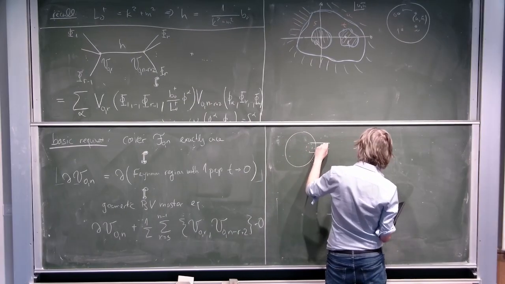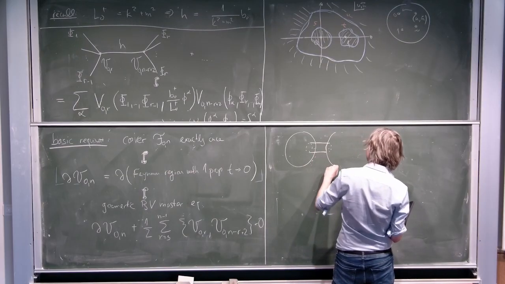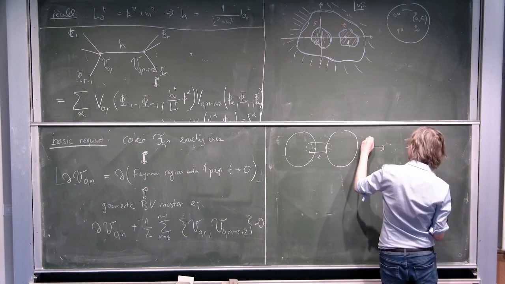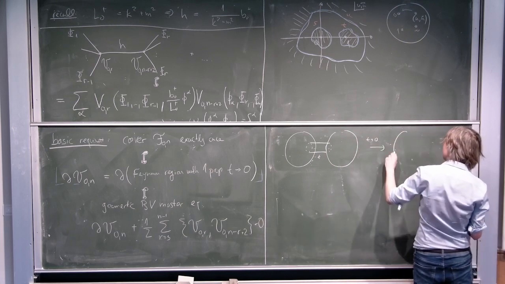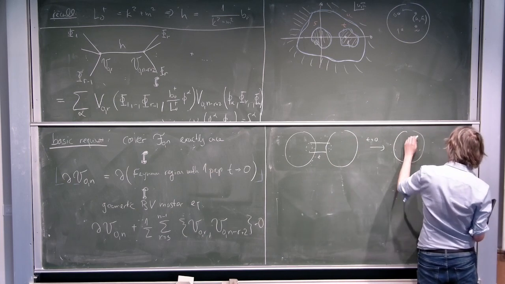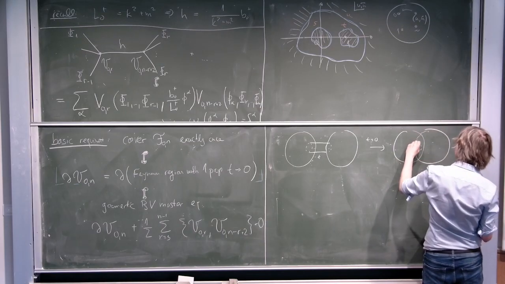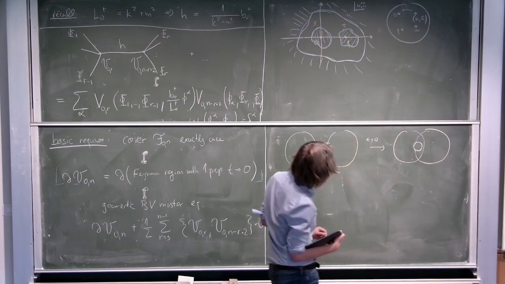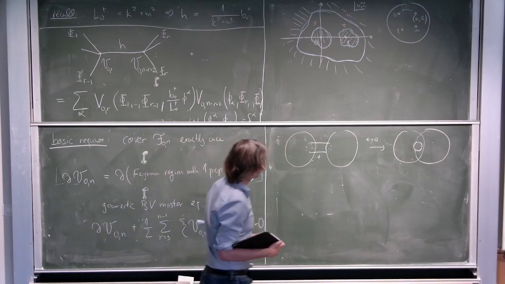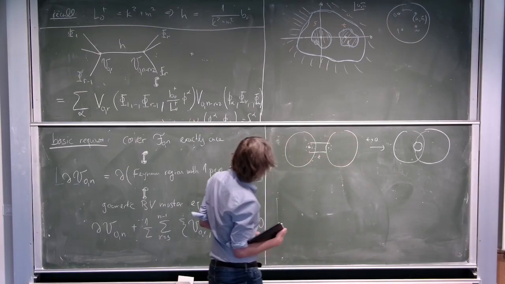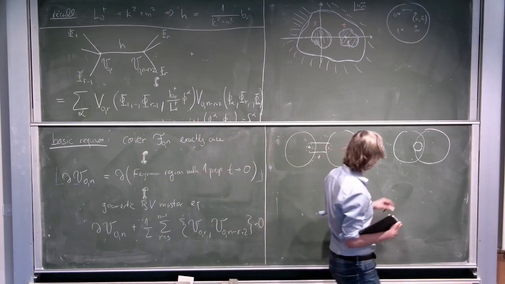So this is the case where the propagator is still finite, still has a finite length t, right? So now when t goes to 0, this becomes an operation of, let me draw this somehow, of taking the two spheres and gluing them through this disk-like region around this puncture.